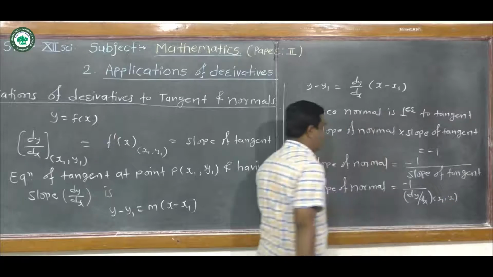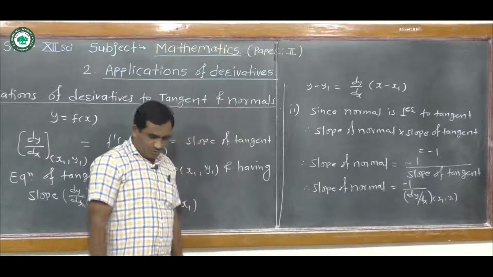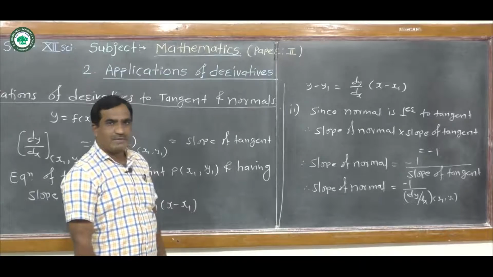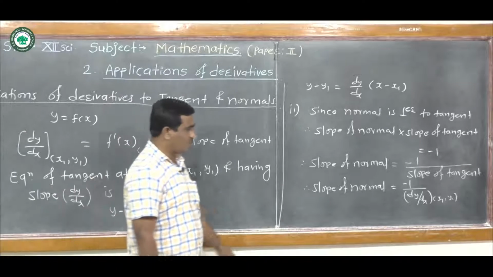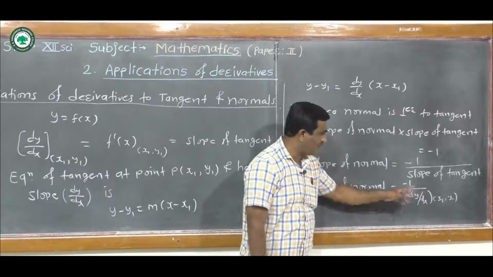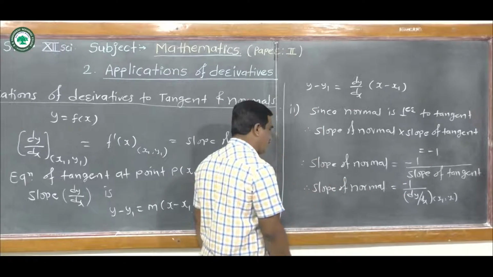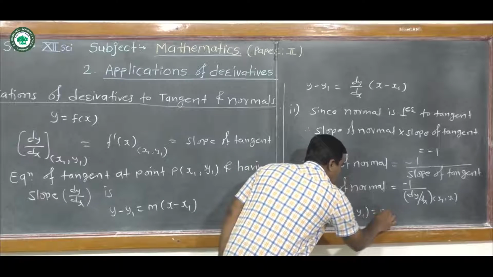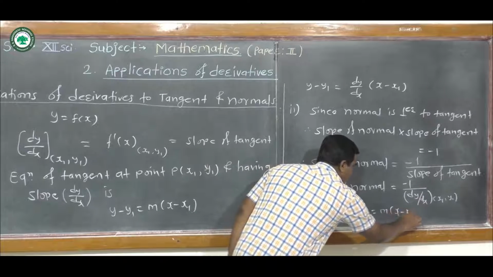Now we have to find the equation of the normal at point P(x1, y1) having this slope, minus 1 upon dy by dx, using the formula again, y minus y1 is equal to m into x minus x1.